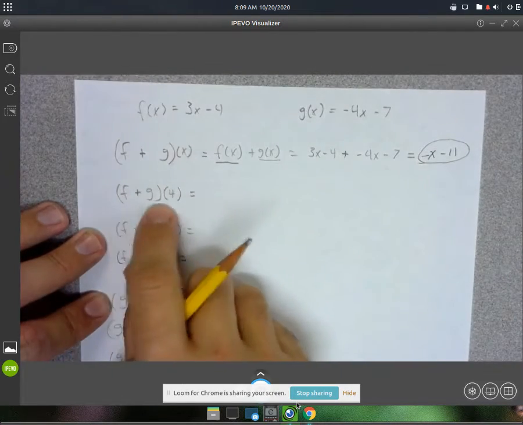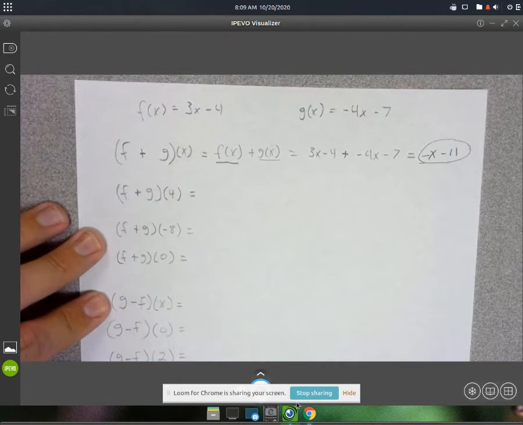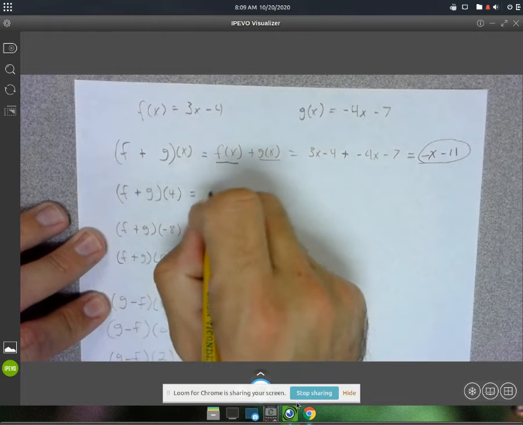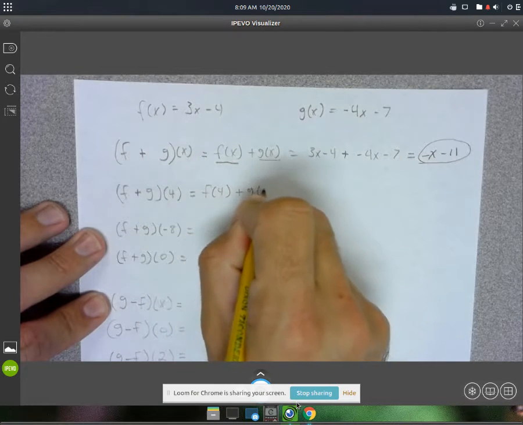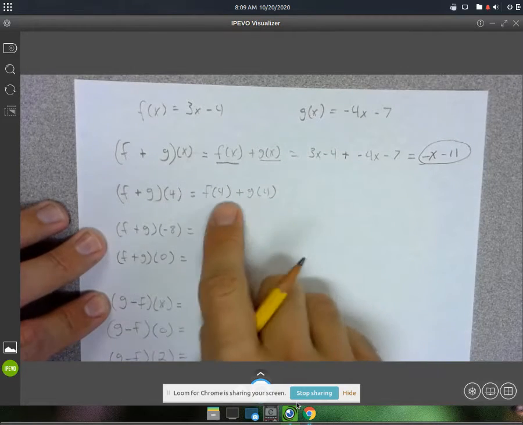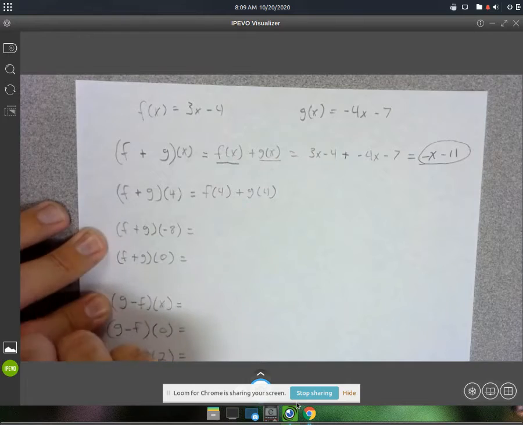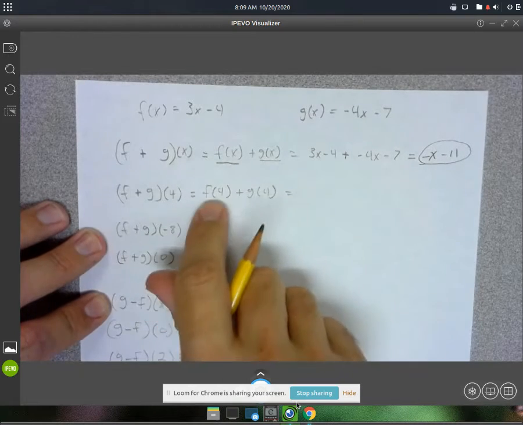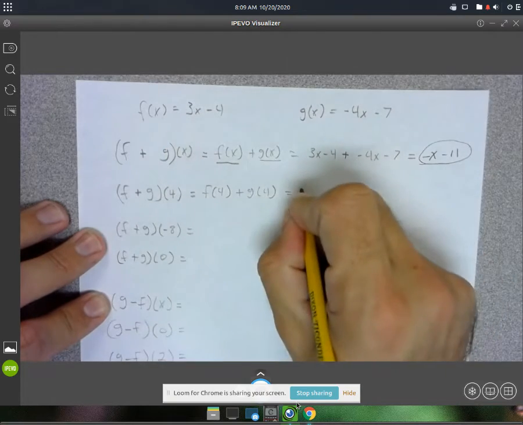So for f plus g of 4, there's 2 ways to do this. One way is you could rewrite it first. So you could say f of 4 plus g of 4. And this is simple enough to do. You could just plug in 4 for x on the f function. So f of 4 would be 3 times 4, which is 12, 12 minus 4, that's 8.